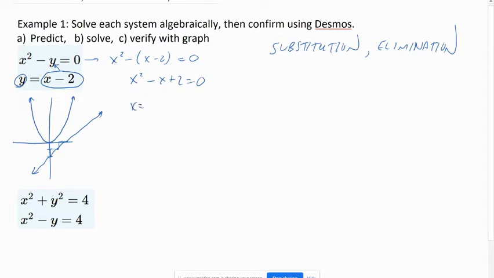So x would equal the opposite of b, which is +1, plus or minus the square root of b squared minus 4 times a times c, over 2a. And notice that the discriminant, the part under the radical, is negative. So this would be the square root of -7. So we see there are no real solutions.